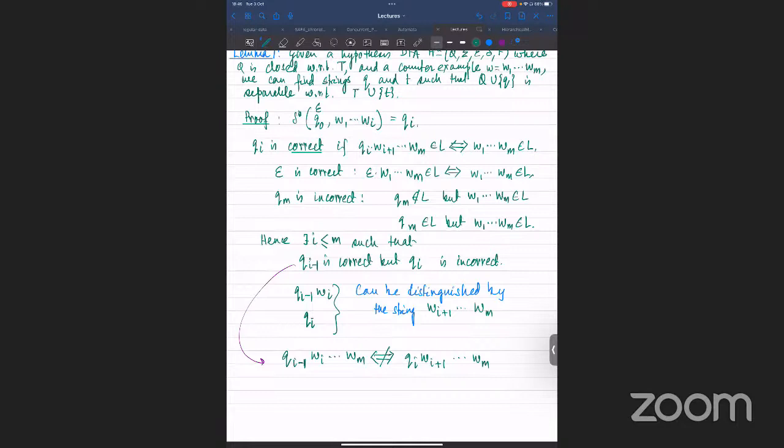Is it clear? Because see, this one is correct, this one is correct.